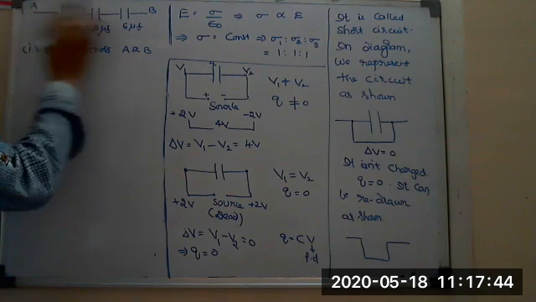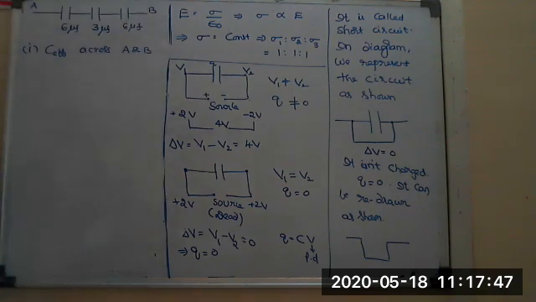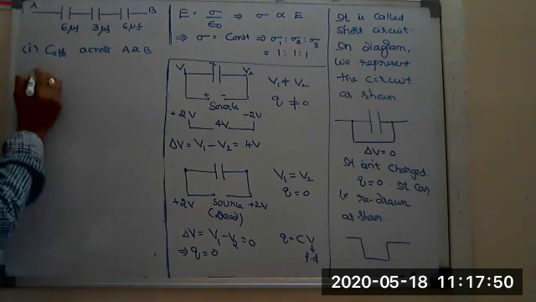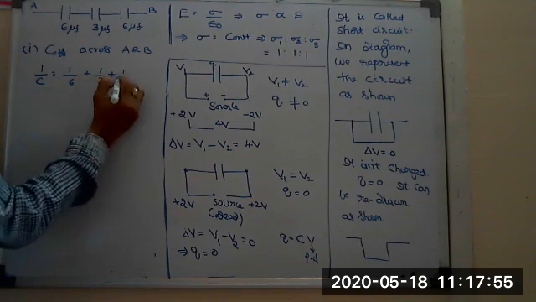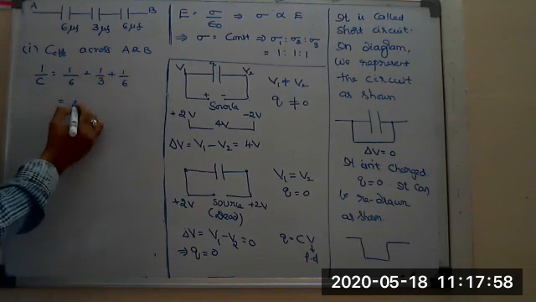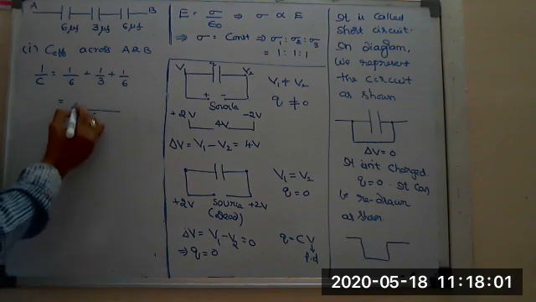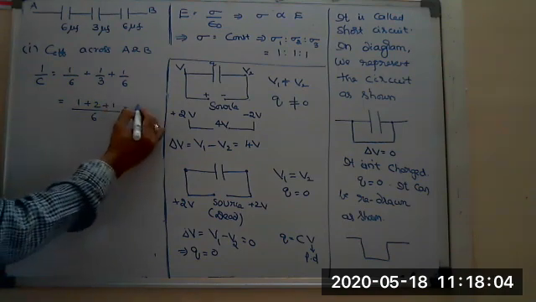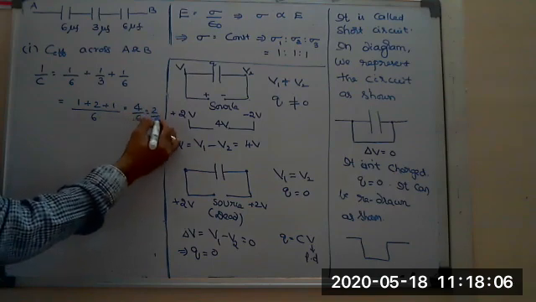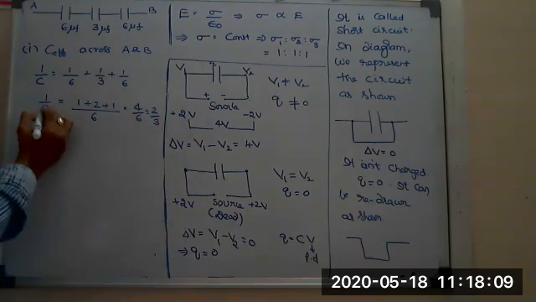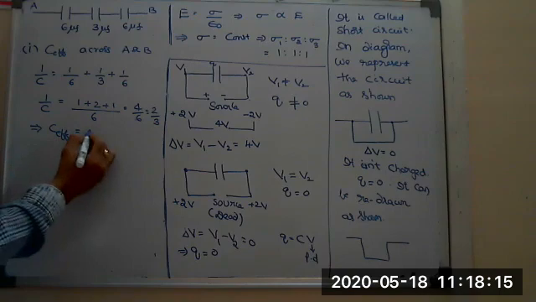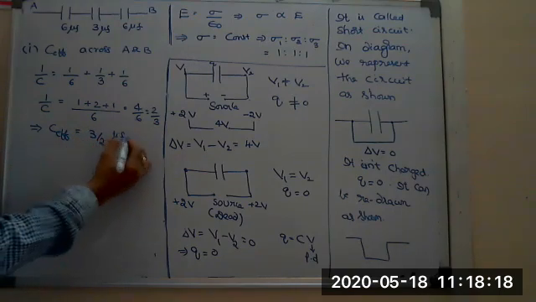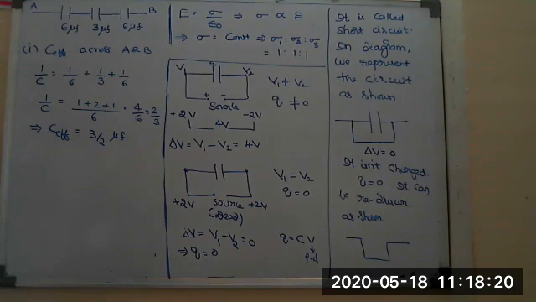Effective capacity between A and B means they are in series. So very easily you can say 1 by C equals 1 by C1 plus 1 by C2 plus 1 by C3. After taking LCM, you get 1 plus 2 plus 1 over 6, which is 4 by 6, which is 2 by 3. It is not the answer yet. After reciprocating, C effective is 3 by 2 microfarad. You know this concept and you can solve it on your own.